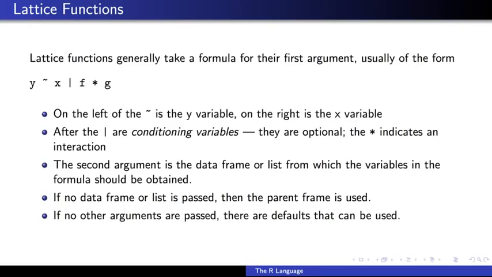So the lattice functions are very useful for plotting that kind of data. The lattice functions will usually take a data frame as a second argument, where the variables y, x, f, and g will be looked up to find their values. If no data frame is passed, then it will look into the parent frame to find the values of those variables.